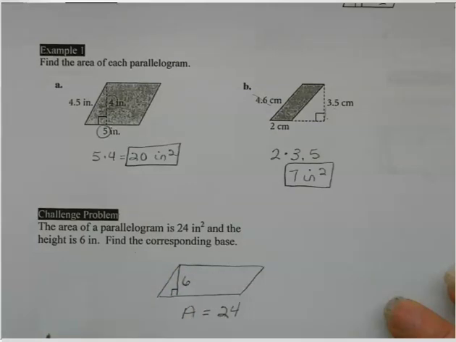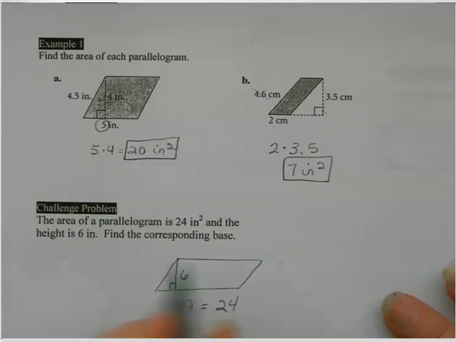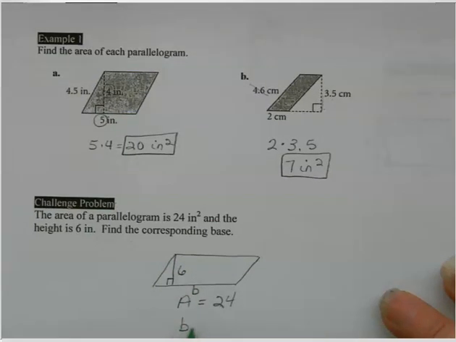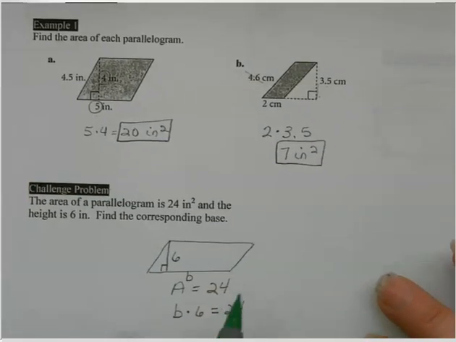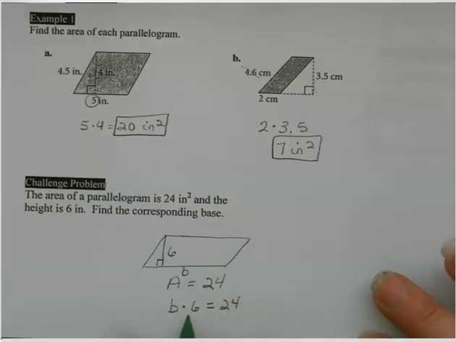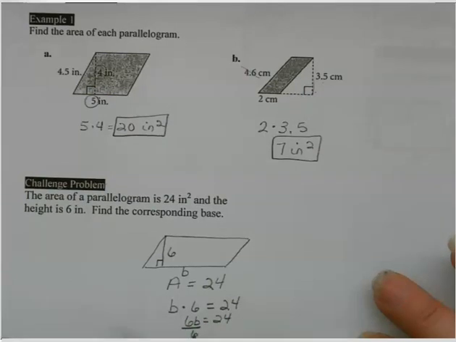Find the corresponding base. Let's call this the base. So we know base times your height of 6 equals 24. I think you can see where this is going. This is 6b equals 24. Divide by 6, so b equals 4.